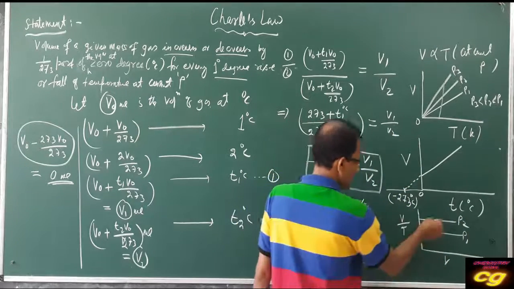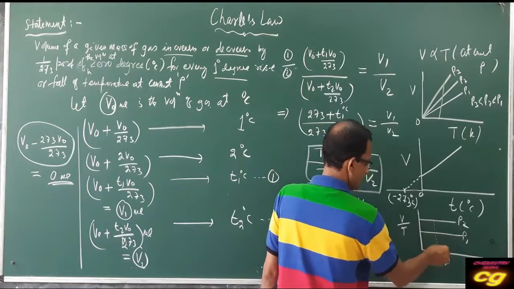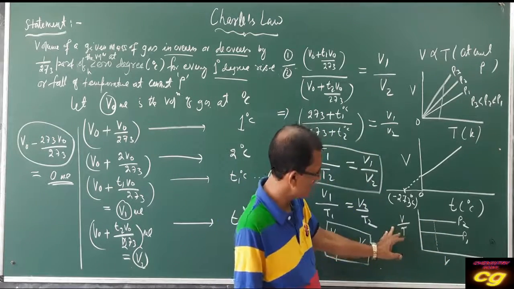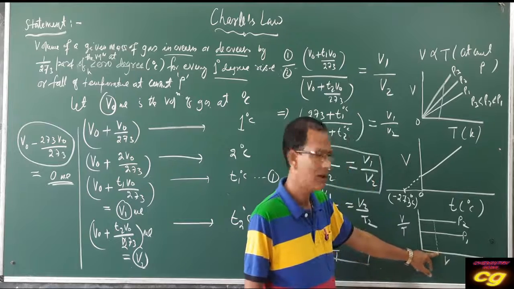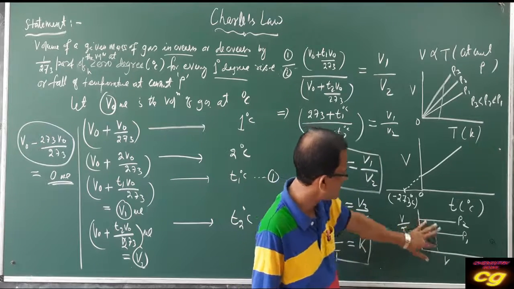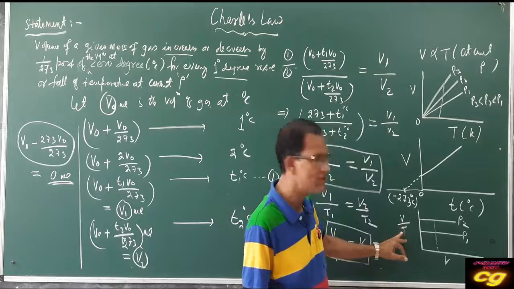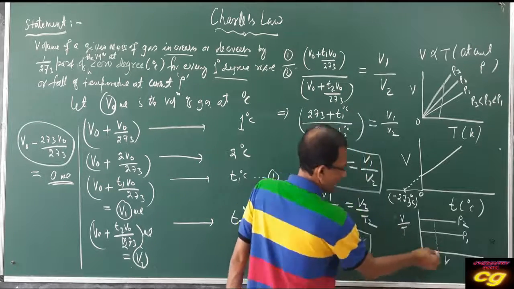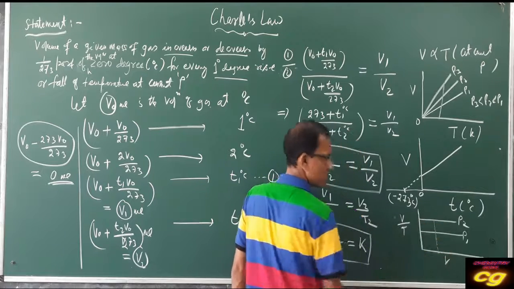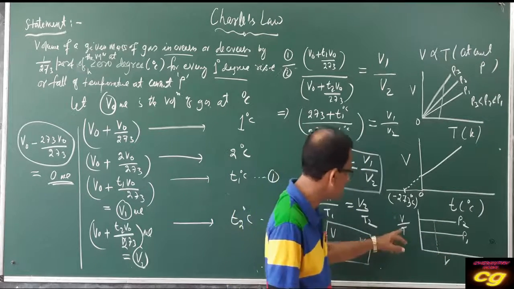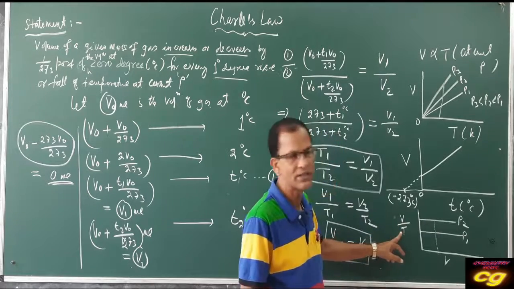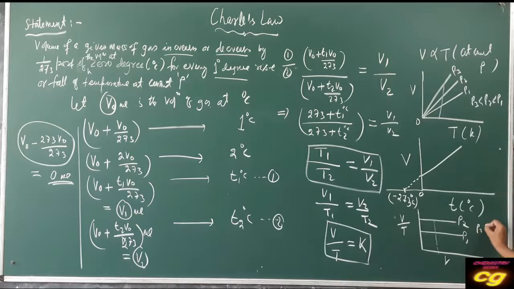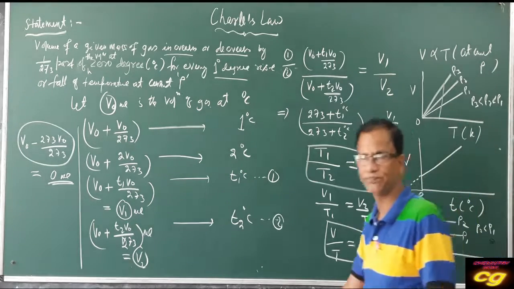Suppose V is constant, but V by T is increasing. V by T increasing means temperature is decreasing. Temperature decreasing means pressure is also decreasing, because V is constant. So what is the relation between them? P2 is less than P1. This is the graph.